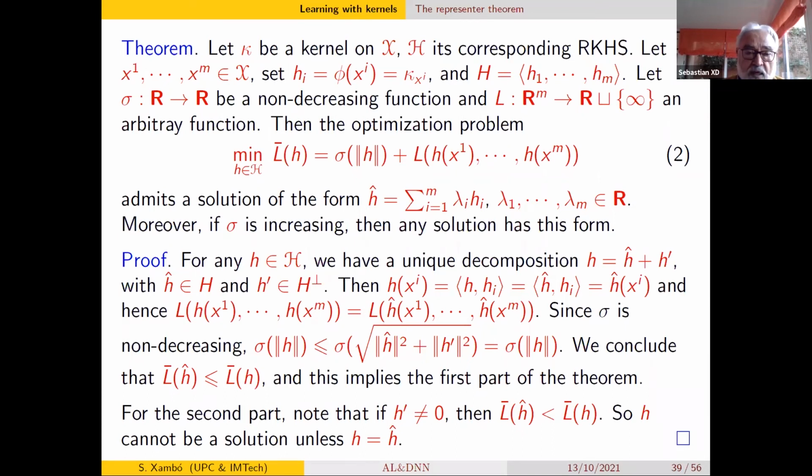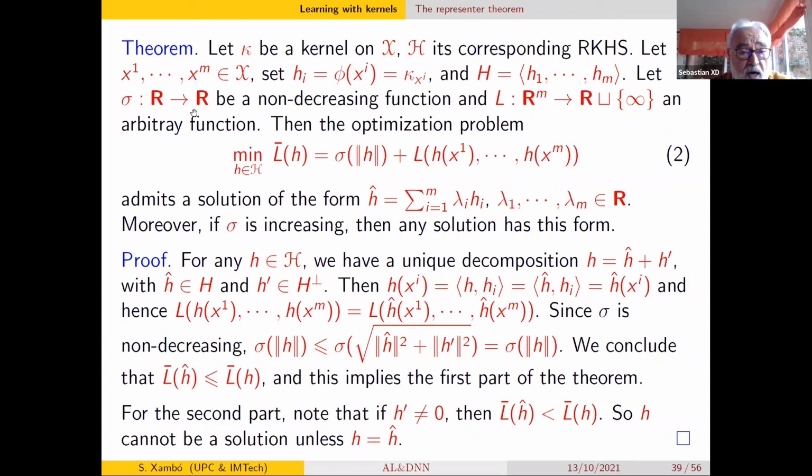Let's take some data, x1, ..., xm, in X, and set, to simplify notation, as before, hi equals phi of xi equals kappa xi. And define the finite dimensional linear space spanned by these h1, ..., hm. Good.